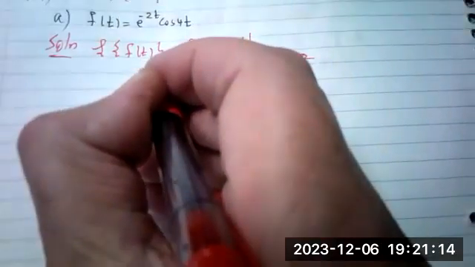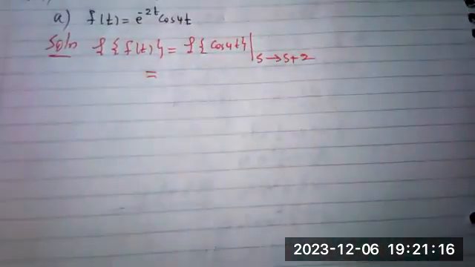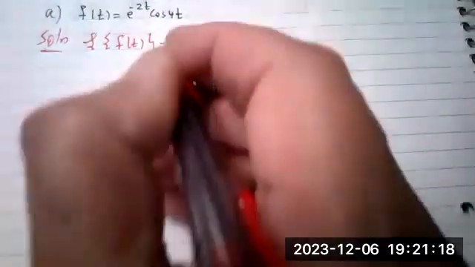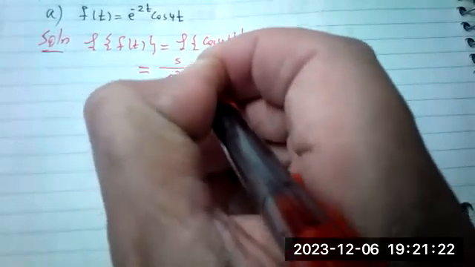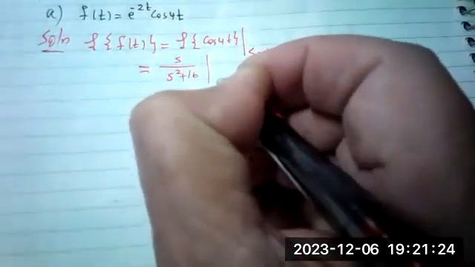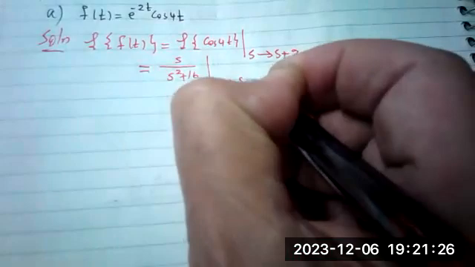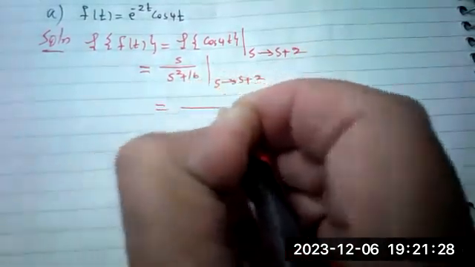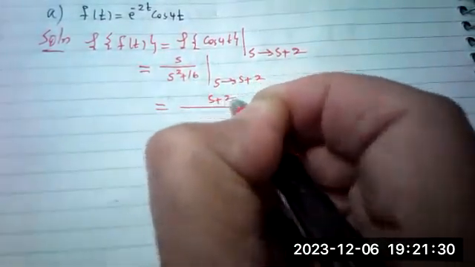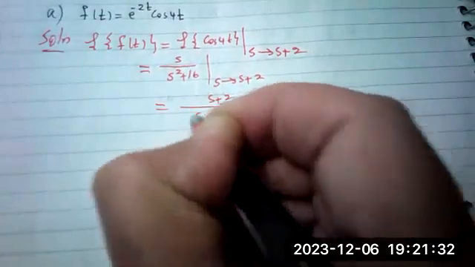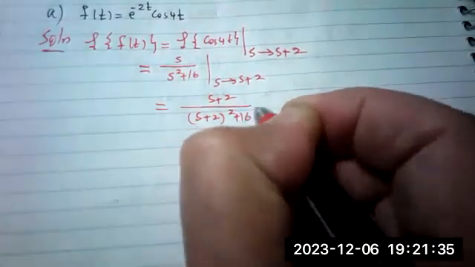So the Laplace of the cosine of 4t is s over s squared plus 16. And we have to change the s into s plus 2. So it's going to be s plus 2 on the top, s plus 2 squared plus 16 down the bottom. We accept this one as a final answer.